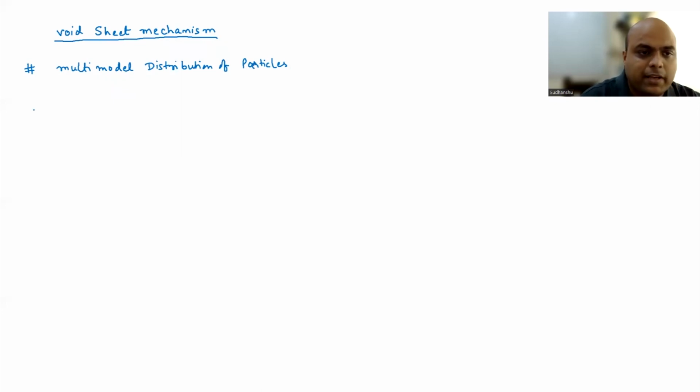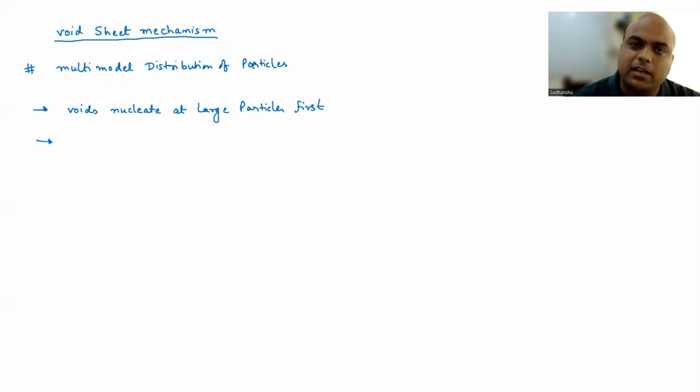Okay. So typically, as we have discussed, the void is going to nucleate first at the location of larger particles, right? So voids nucleate at large particles first. Okay. Now, once the voids have nucleated at the larger particle, there will be strain localization near that region, right?